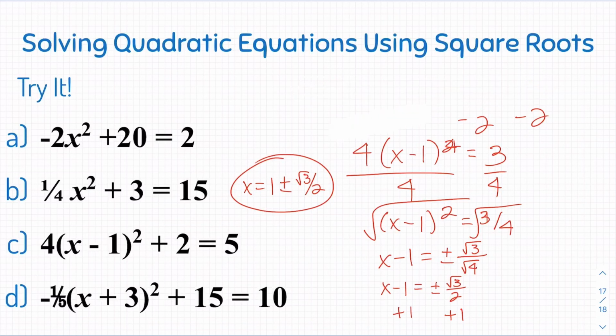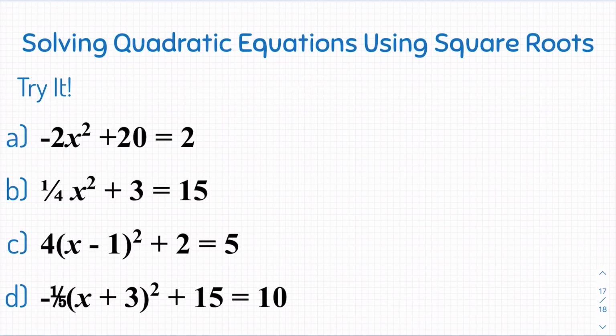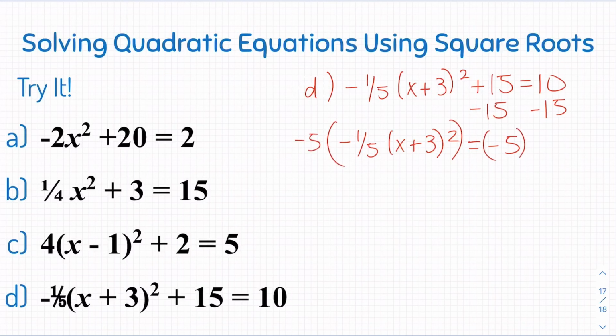Okay, go ahead and try that last example, example D. So in example D, I'm going to get rid of my constant. Then I'm going to multiply by negative 5. Get rid of a negative a fifth, because negative 5 times negative a fifth is positive 1.